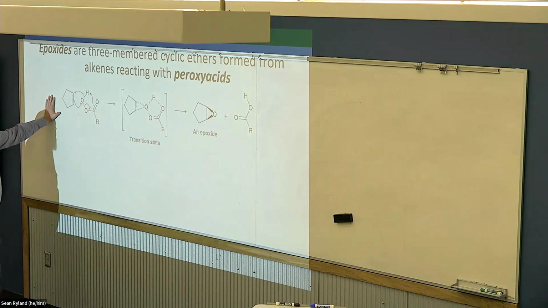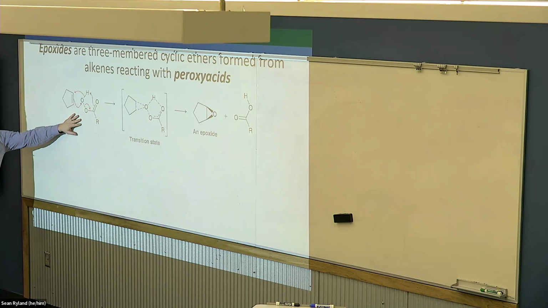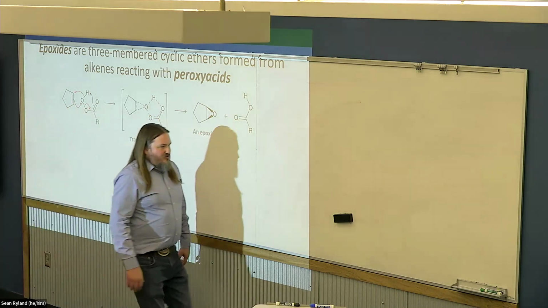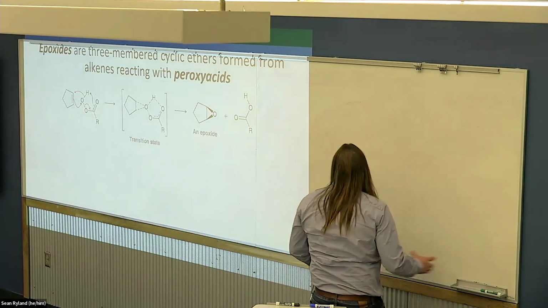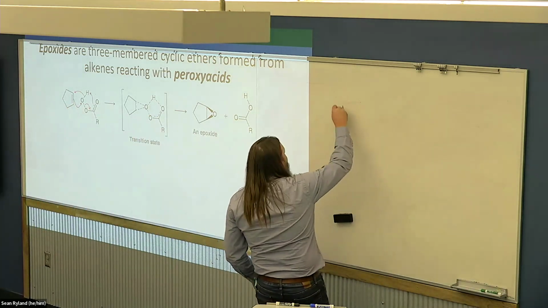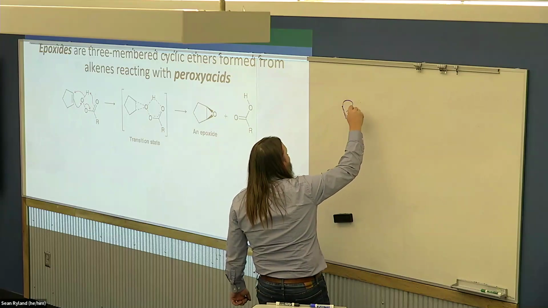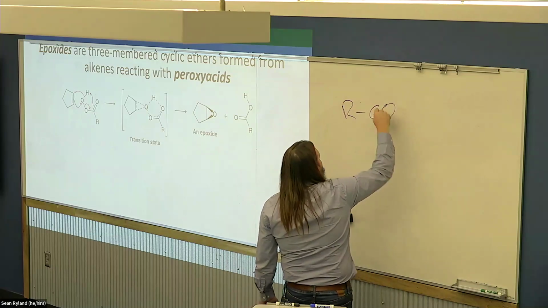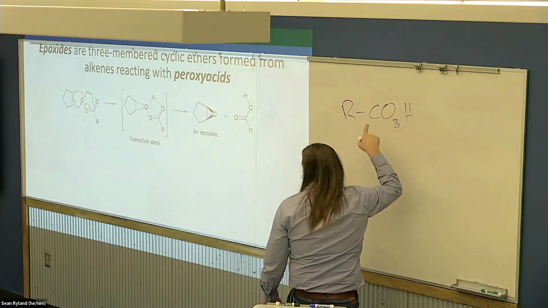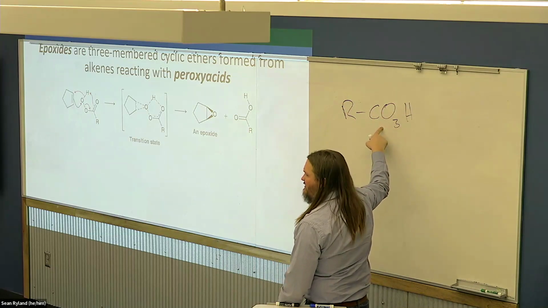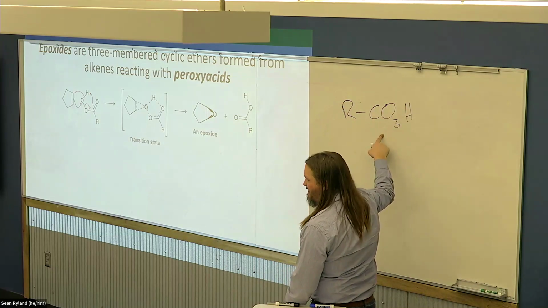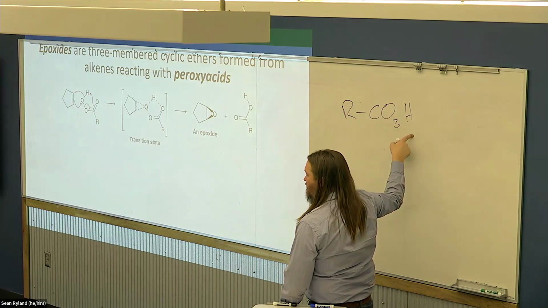The mechanism of making an epoxide is you have to start with what's called a peroxy acid, which looks like a carboxylic acid with an extra oxygen in there. A lot of times you'll see those written as, and it doesn't even really matter what the peroxy acid is, a carboxylic acid is CO2H, so a peroxy acid is CO3H.